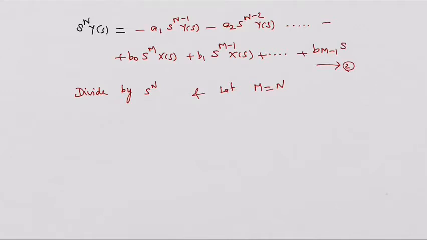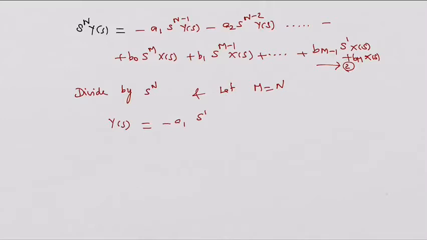So divide by s power n on both the sides, this equation will become Y of s minus a1 times s power n minus 1 divided by s power n. So this will become simply s power minus 1. Am I correct?